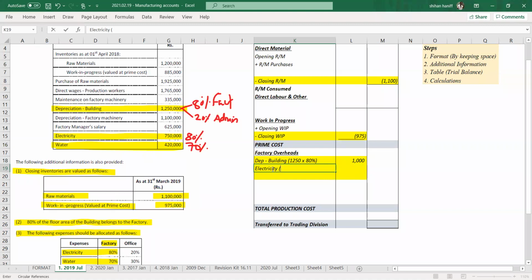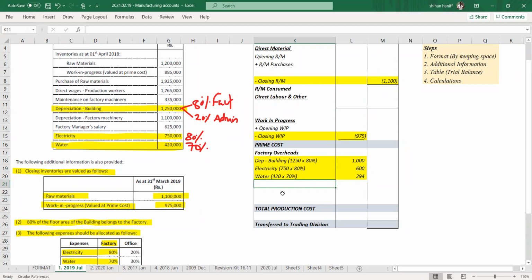So let's take here electricity 750, 80%. Water 420, sorry, 70%.